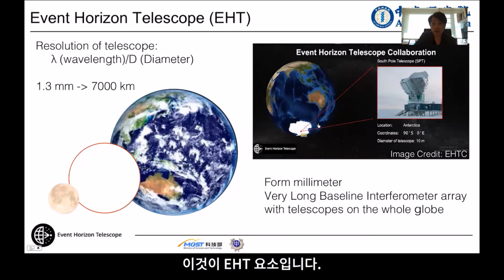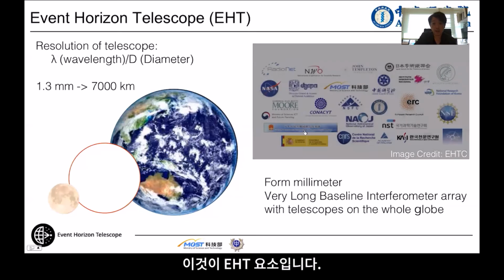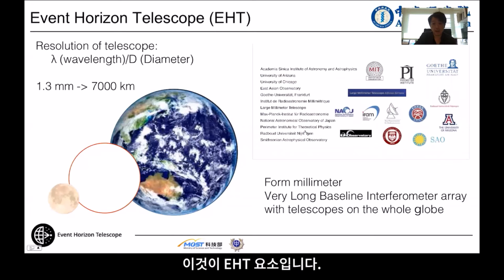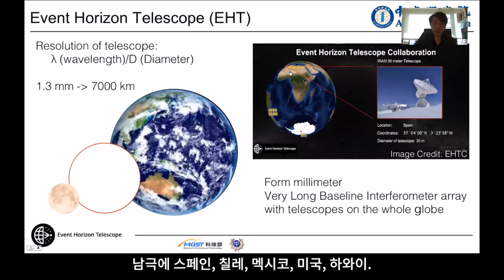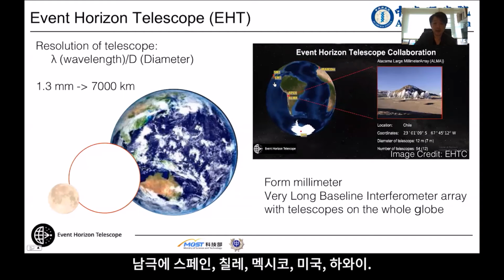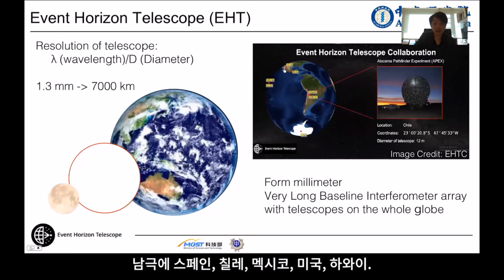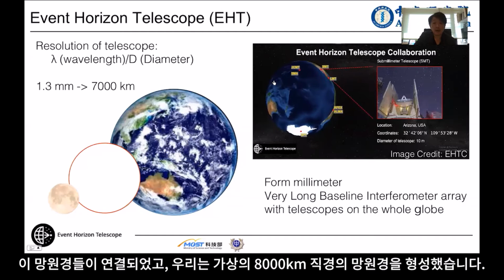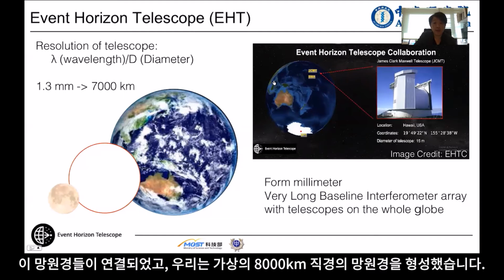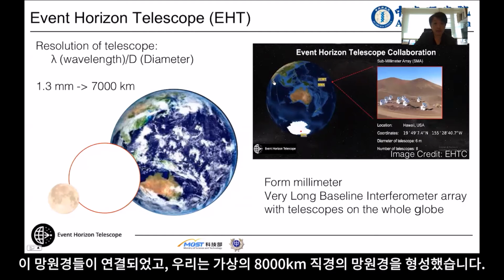So these are the EHT elements: telescopes at the South Pole, Spain, Chile, Mexico, the US, and Hawaii. Those telescopes are linked, and we formed the virtual telescope. Its size is around 8,000 kilometers.